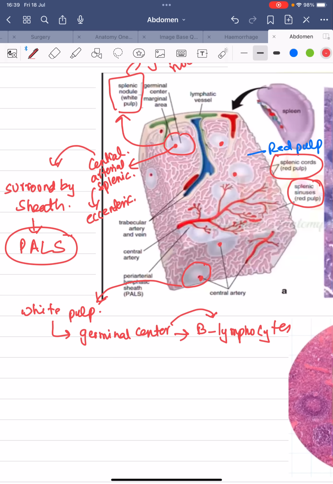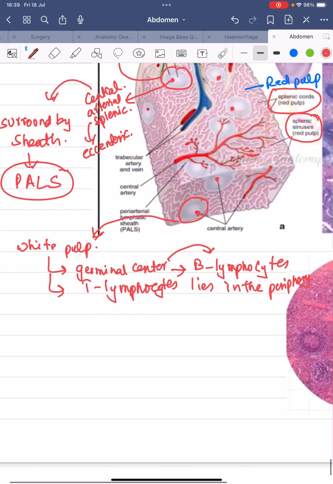Whereas the T lymphocytes lie in the periphery of these lymphoid follicles. And please remember, this is your eccentric arteriole.